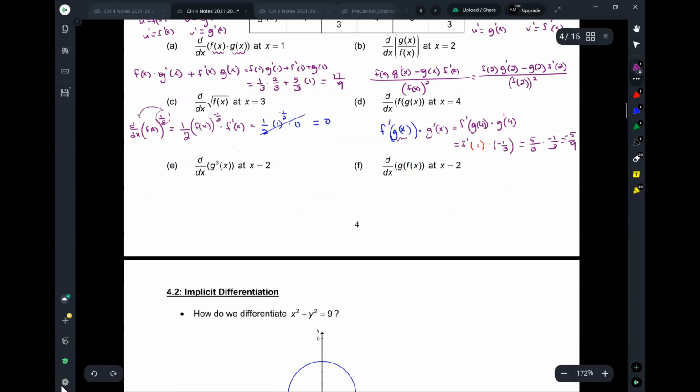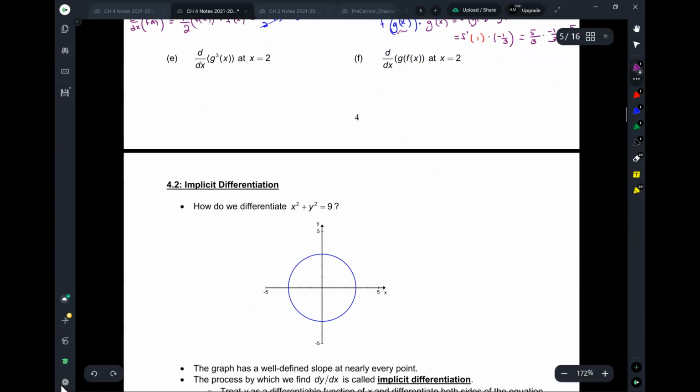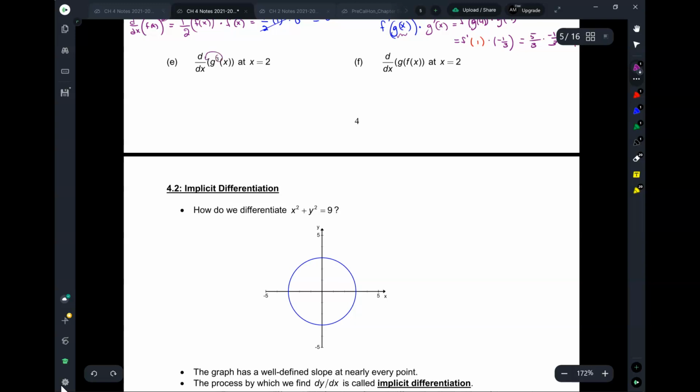Okay. d dx g cubed of x, another chain rule. So 3 will come down, and this is 3 g squared of x times the derivative of the inside g of x, so g prime of x. Okay?